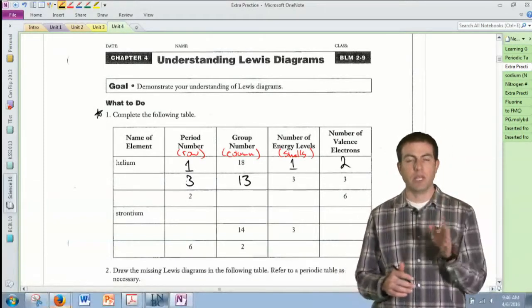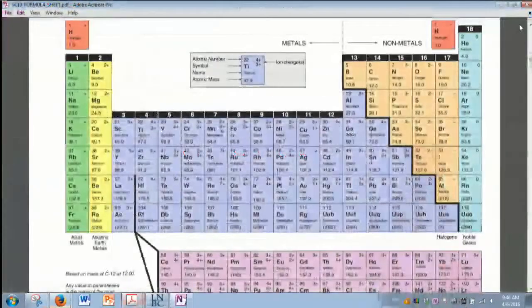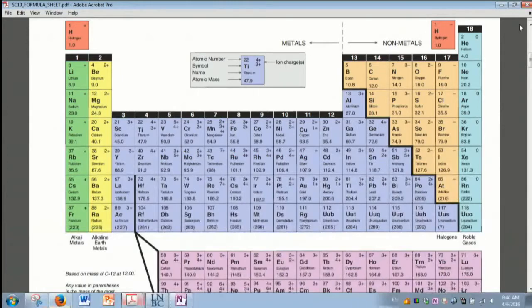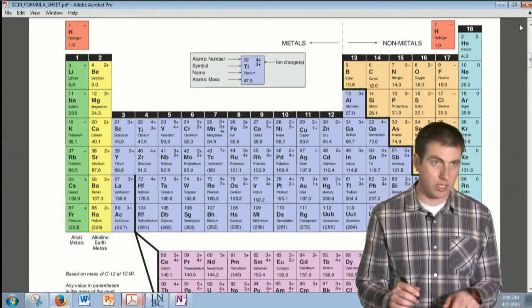If we look at a periodic table, if we're looking in the 13th column and we're looking in the third row, what element are we dealing with? Remember, the first row is hydrogen, helium. The second row goes from lithium across to neon.